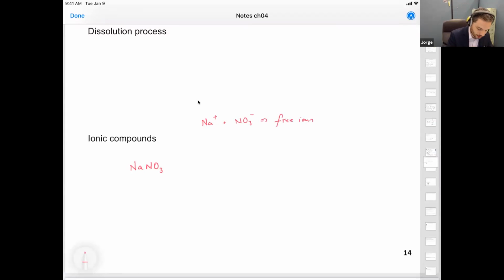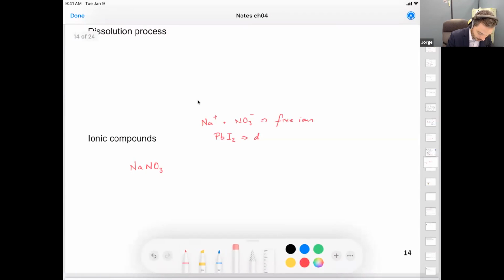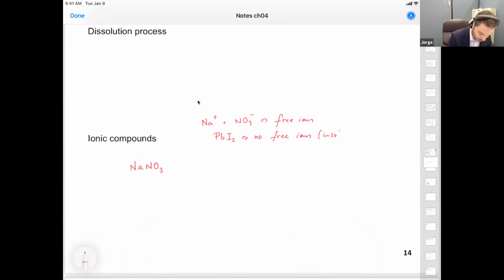And on the other hand, for example, what we saw before, lead iodide, we know that this is an insoluble salt. Therefore, we do not have here a free ion. So therefore, in this case, no free ions, because this is insoluble and this is a soluble salt.